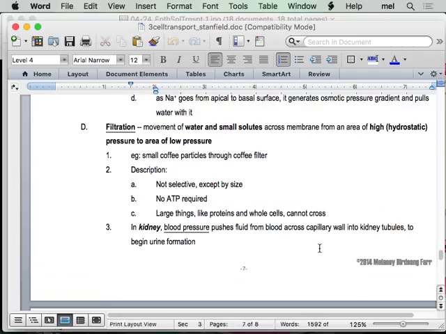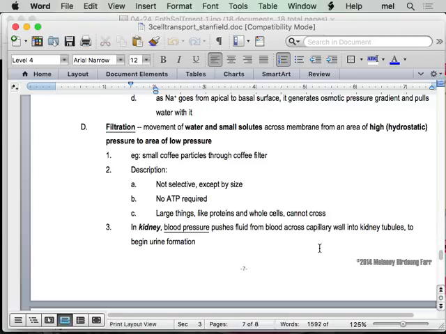They don't actually cover it in this chapter of your textbook, which I think is weird because we just talked about transepithelial transport, which is moving something across an epithelium, and all of the examples that we gave were in the intestinal epithelium. But isn't filtration just moving things across an epithelium as well?